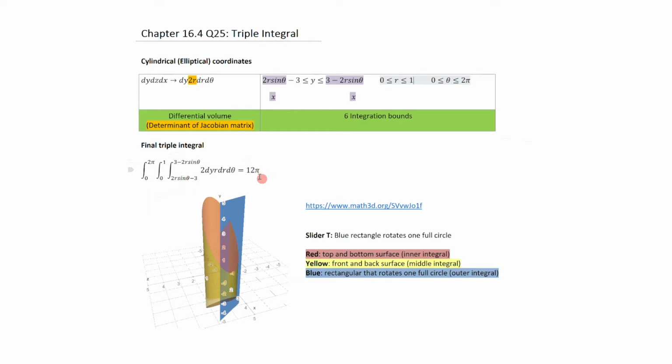If you want to visually see what we're doing in terms of trying to bound the domain using surfaces, then if you look at this picture, and you can look at it at this link here, this slider T that you'll find in this thing allows you to rotate this blue rectangle or half plane around in a full circle. The top and bottom surfaces are in red, and the front and back surface, like the yellow that you see here, would be representing the middle integral.